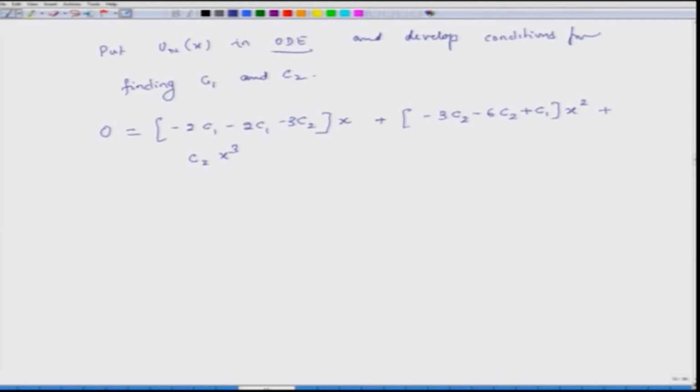So, I have 3 terms related to this independent variable x, and then a constant term, 2 C1 plus 3 C2 plus 1 is equal to 0.